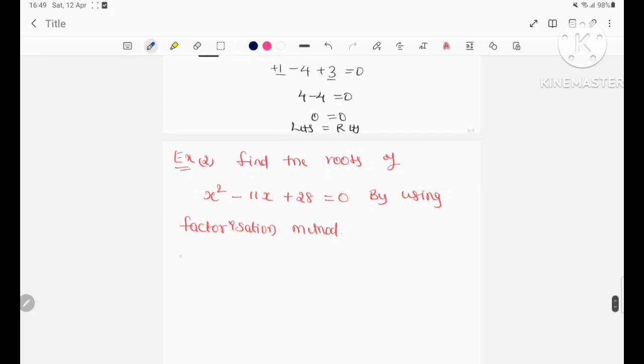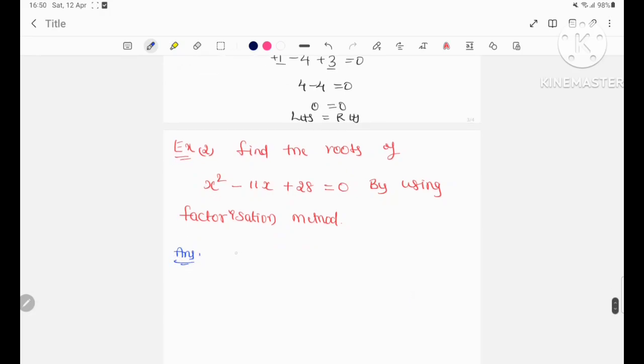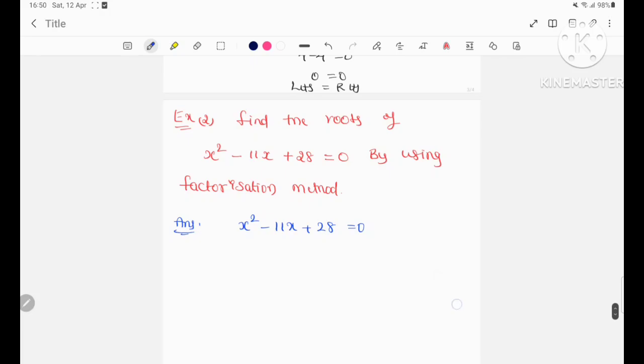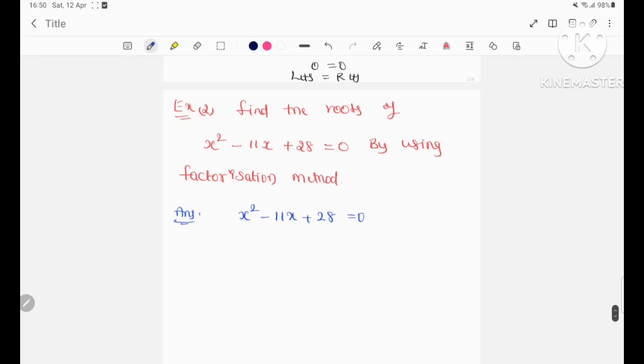So we'll see now. Similarly like the previous question. The given quadratic equation is in the standard form, that means all terms are present, and it is already arranged from the highest degree to the least degree.